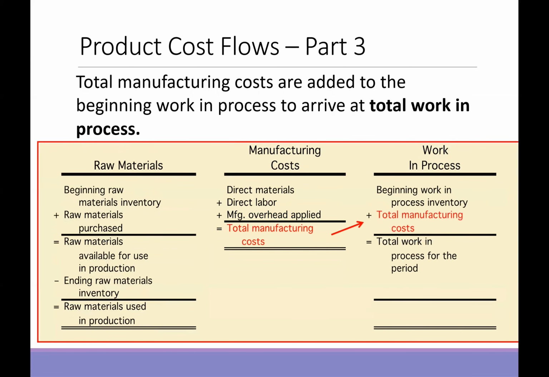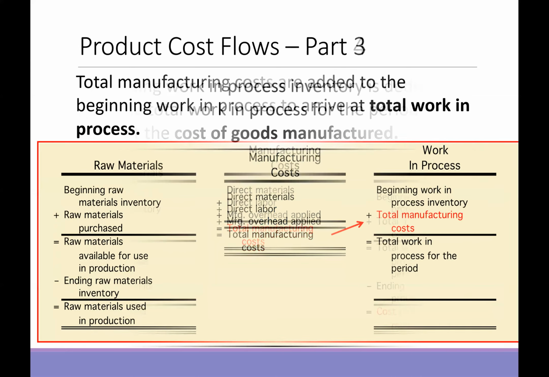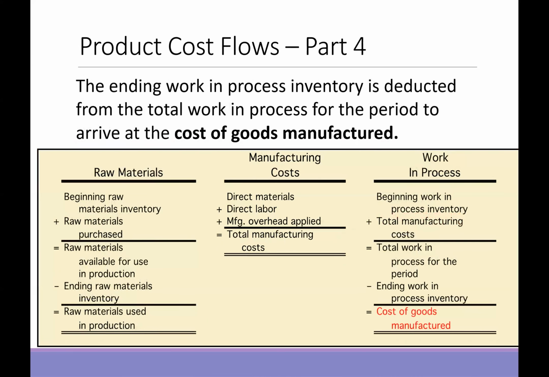The manufacturing costs get added to the beginning work in process to arrive at total work in process. The ending work in process inventory is deducted from the total work in process for the period to determine what's actually been manufactured for the period.